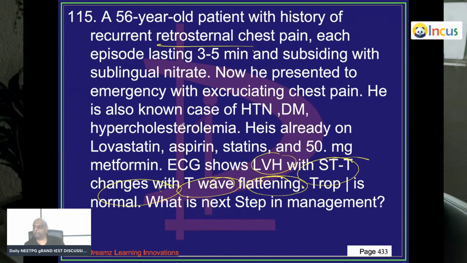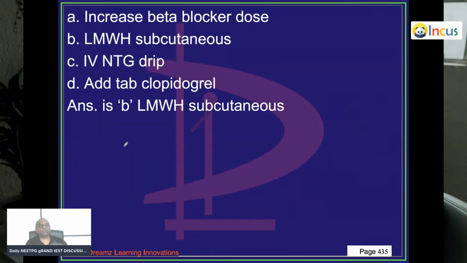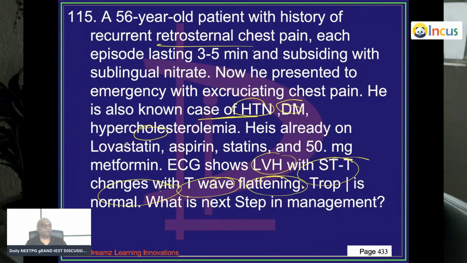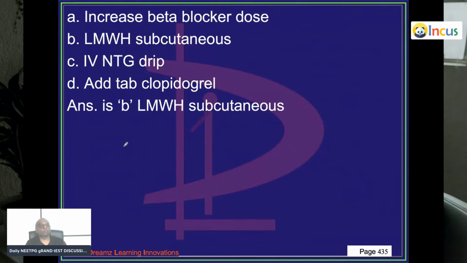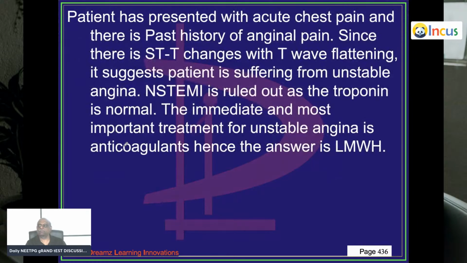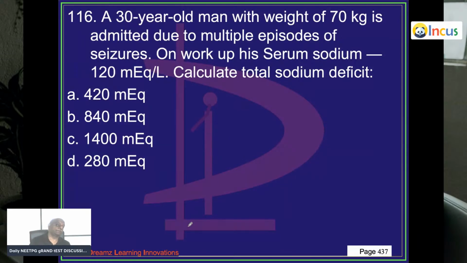Now he presented with, he is a known case of hypertension, diabetes. Why NTG? He is not having any accelerated hypertension, no. You need to start him on low molecular weight heparin, right? So since there is ST-T changes and T-wave flattening, it suggests the patient is having unstable angina. For unstable angina, low molecular weight heparin.